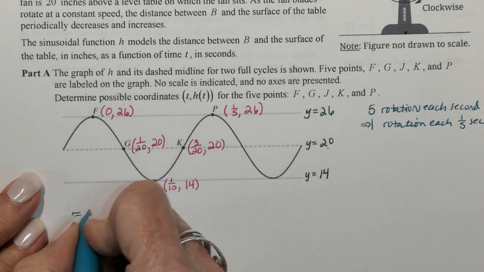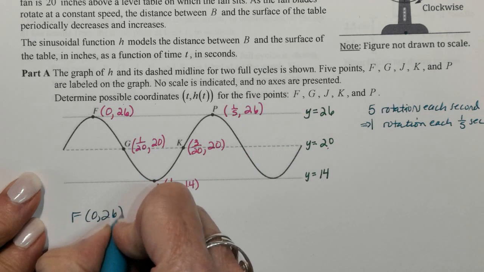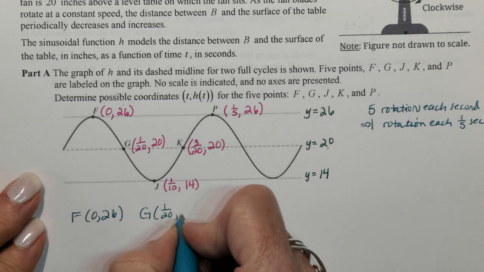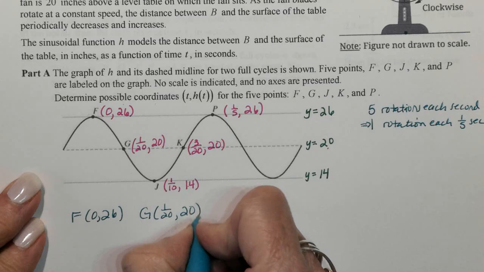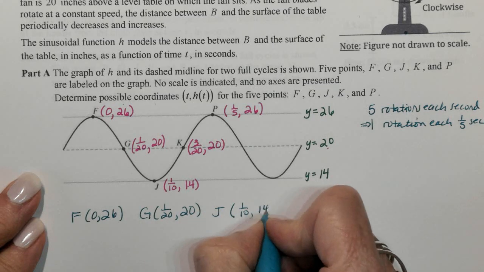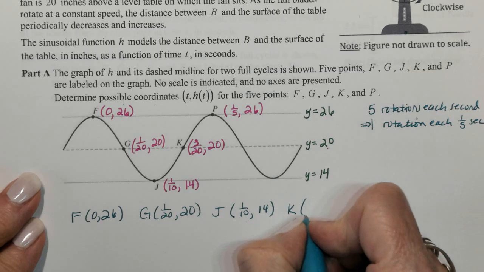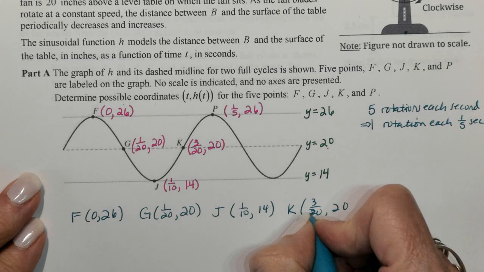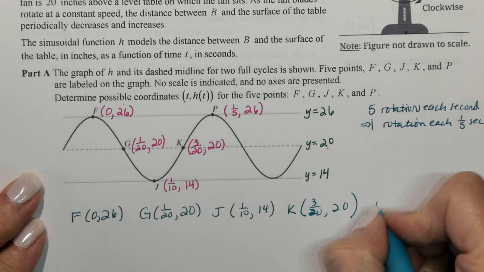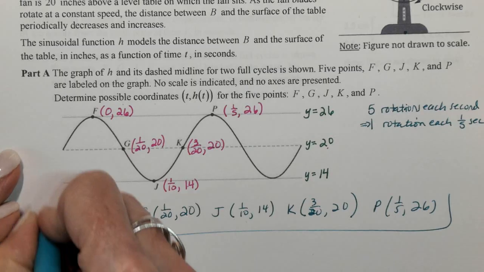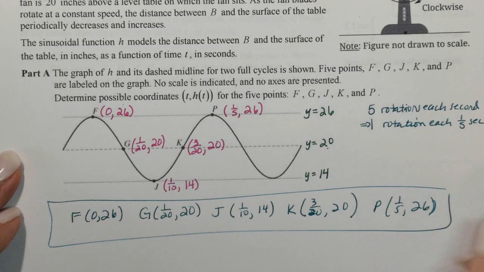F has coordinates 0, 26. G has coordinates 1/20, 20. J is 1/10, 14. K is 3/20ths, 20. And P is 1/5, 26.